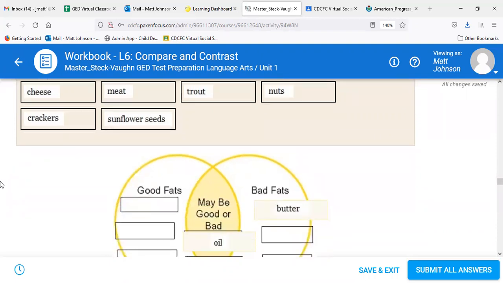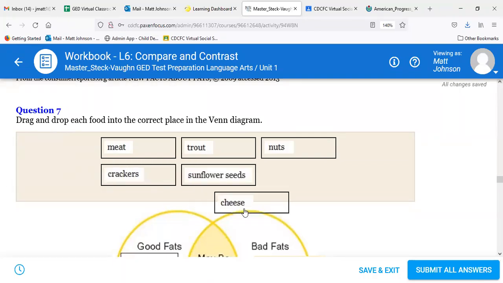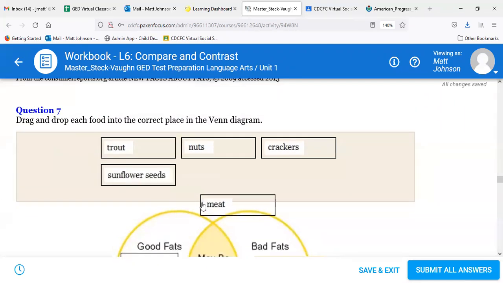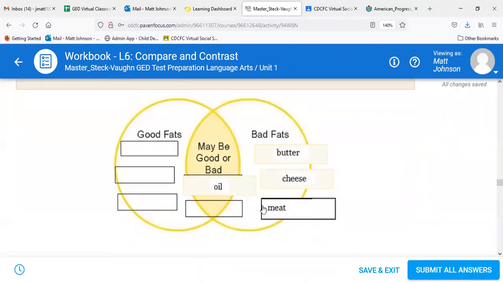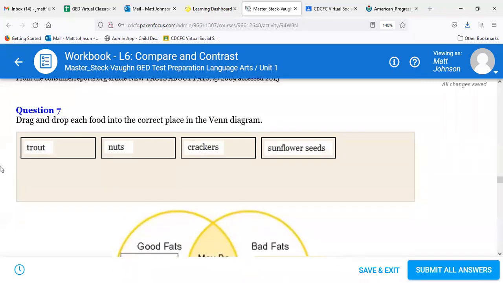What else might be bad fat? Crackers. Cheese, right? And meat. So the bad fats, everything I'm using to cook Thanksgiving dinner on Thursday. All the tasty fats go over here on the bad side, unfortunately. Yeah, so that's our bad fats.